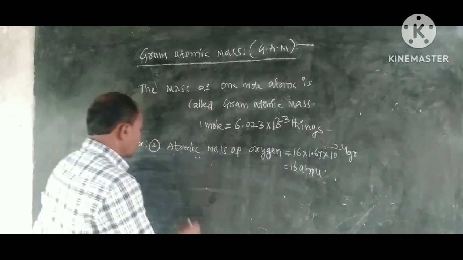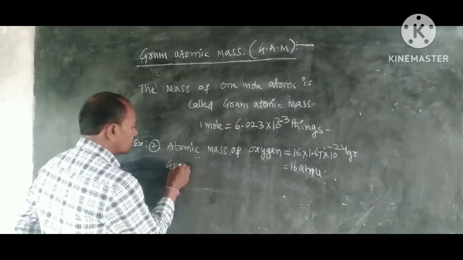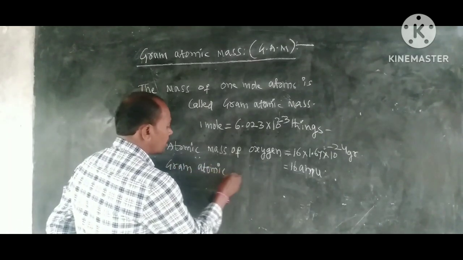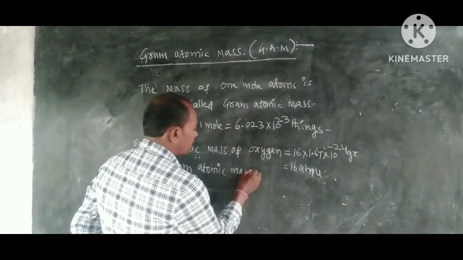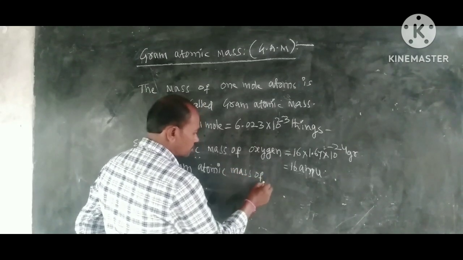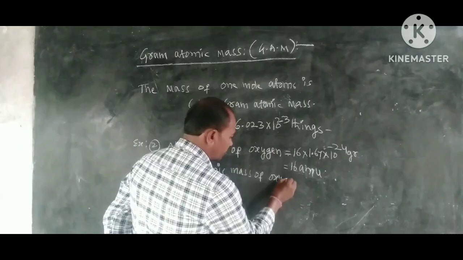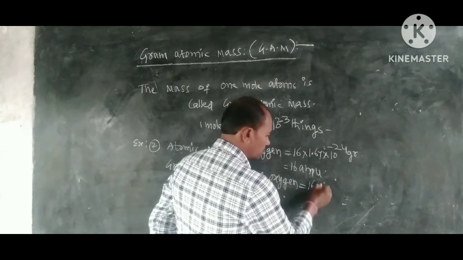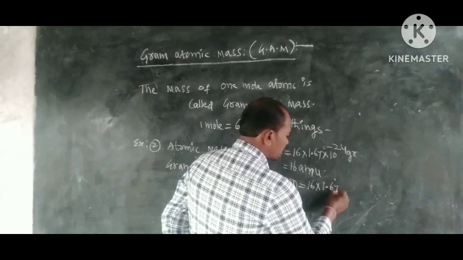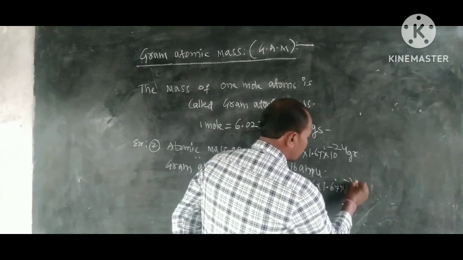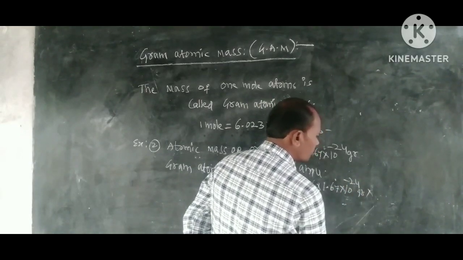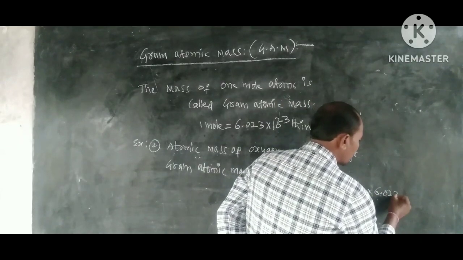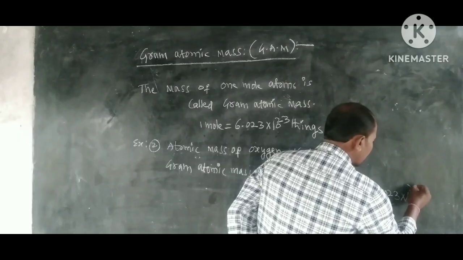But the gram atomic mass of oxygen is equal to 16 into 1.67 into 10 power minus 24 in grams into 1 mole of atoms. 1 mole means 6.023 into 10 power 23.